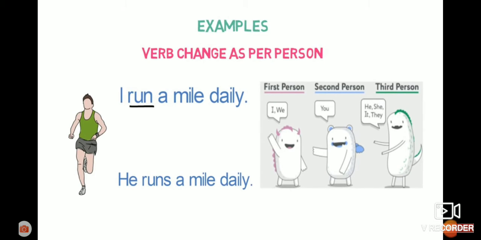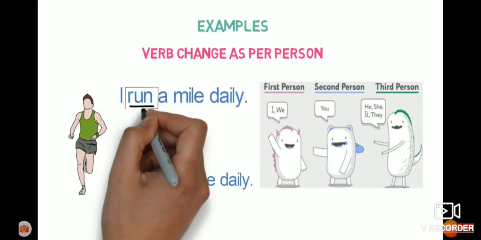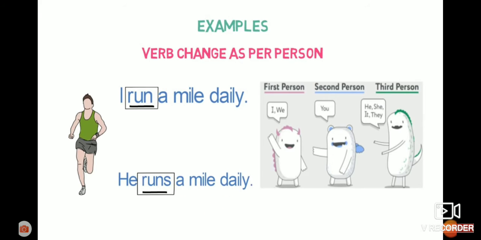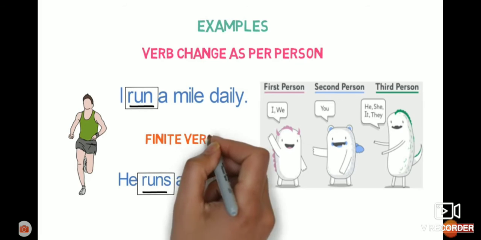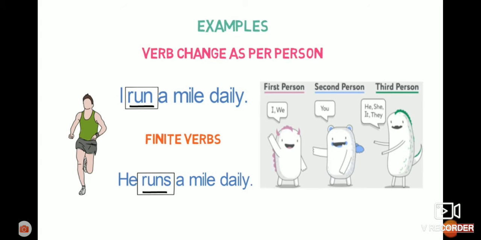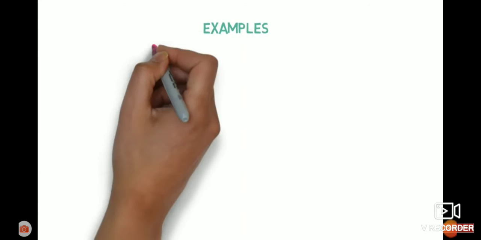Here the subject he is in third person and the verb is runs. You can see here that the verb run changed to runs as per the person. So both run and runs are finite verbs.